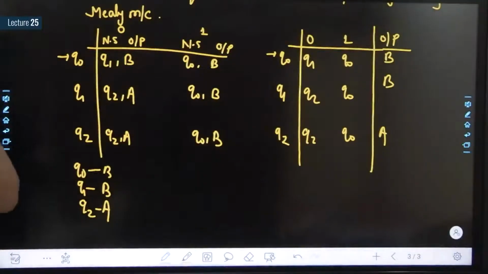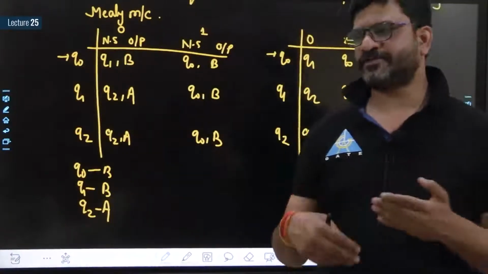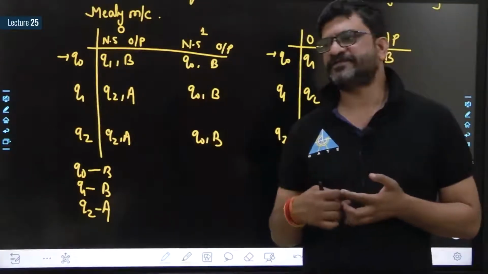But remember one thing, when we convert Mealy to Moore machine, the number of states might be increased.